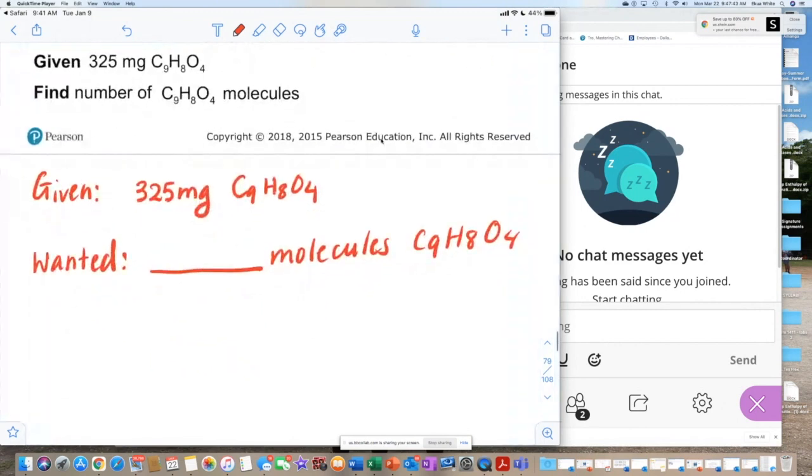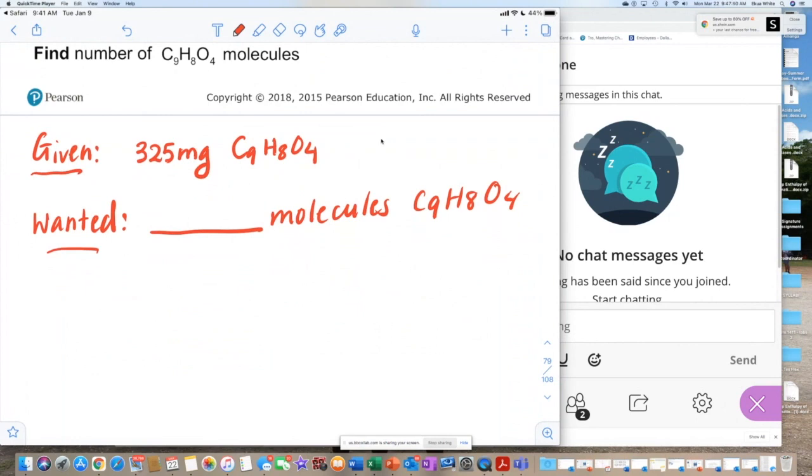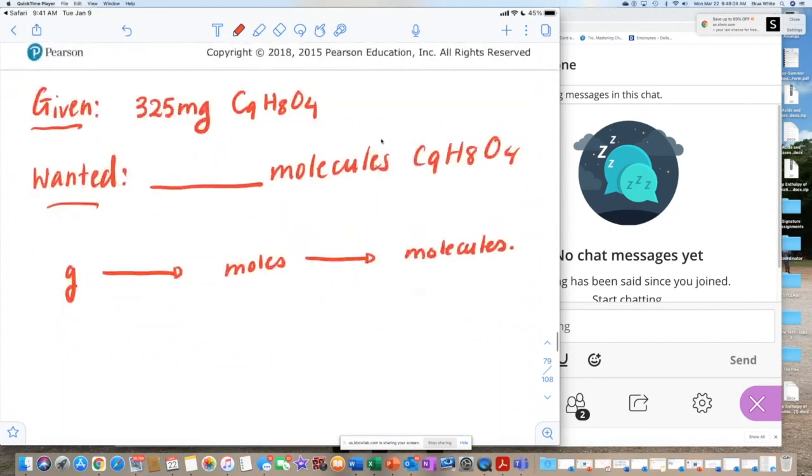So here's where I start writing my conversion. I know where I'm starting, I know where I'm ending. Now I'm writing my conversion. The regular conversion, so I'm going to start with the regular one, right? Goes from grams to moles, from moles to molecules. From grams to moles, I know my conversion here has to be my periodic table mass.